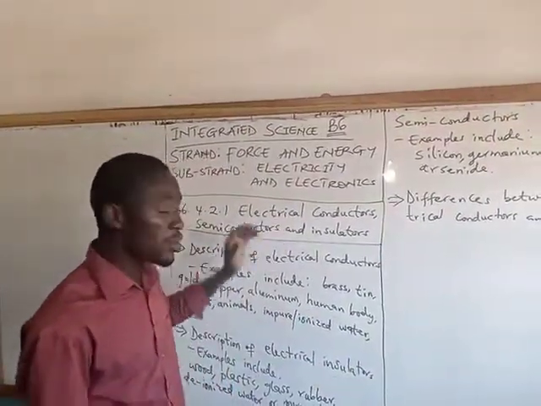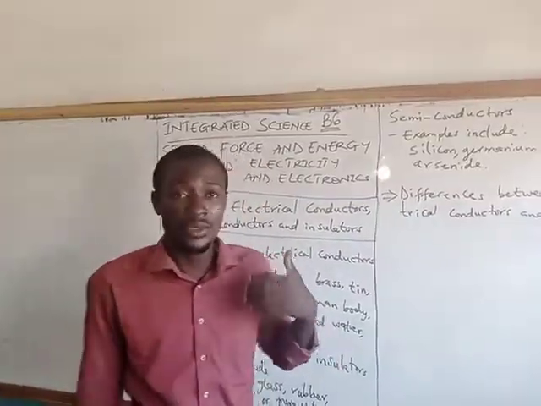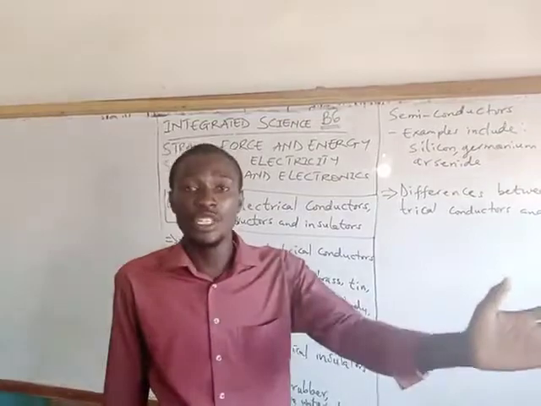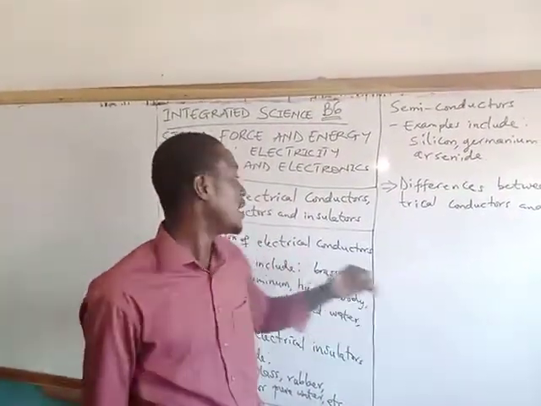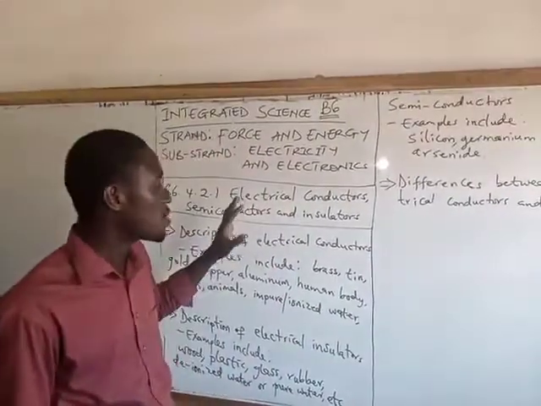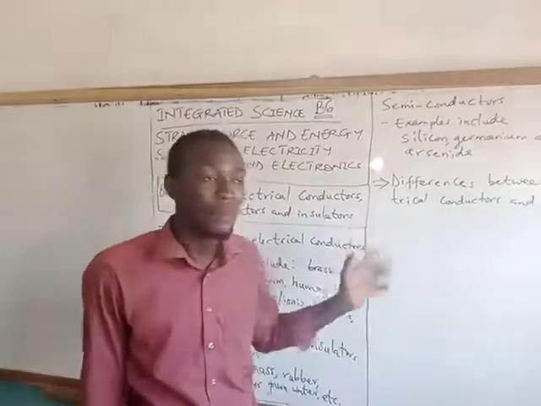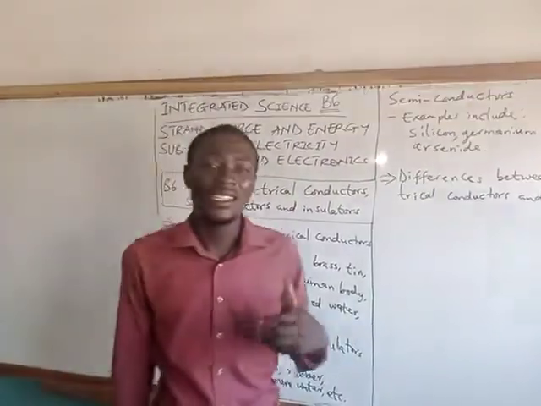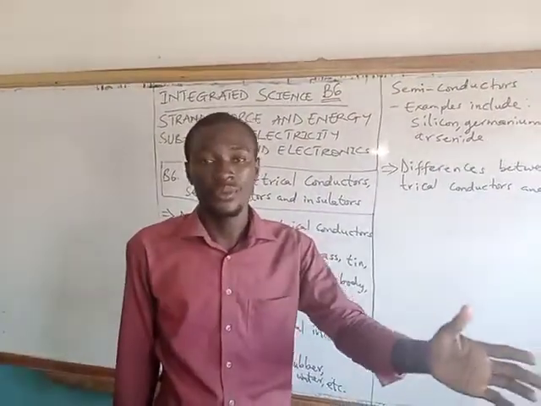And we also learned that before we can get the electricity generated, we need a medium through which electric charges can flow. And these media are scientifically known as electrical conductors. These are the materials that allow or easily allow electricity to flow through.